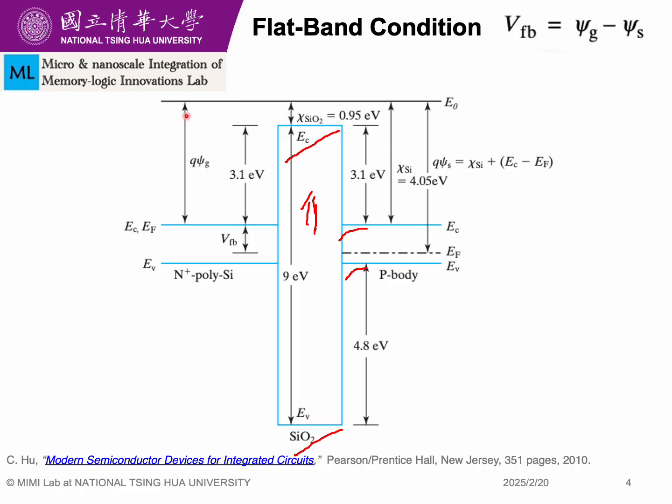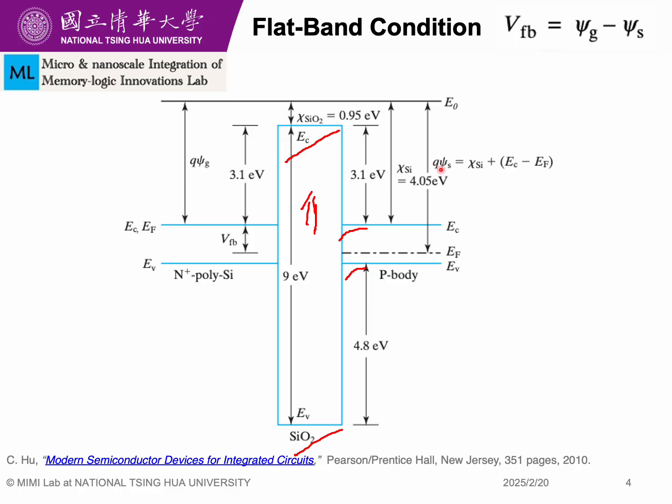There is another level called E0, that is the vacuum level. The vacuum level is the energy of the electrons outside of this material. If any electron crosses the conduction band, it's very easy to reach the vacuum level. I mean, the difference is very small here.